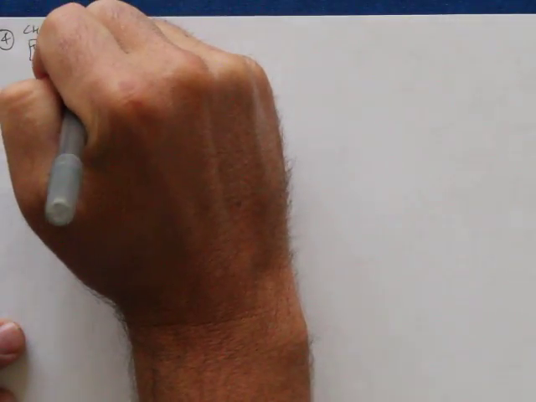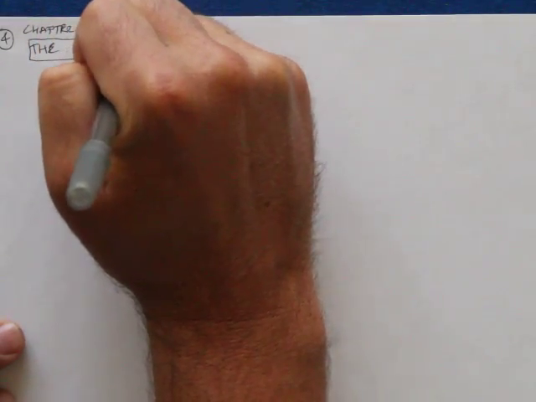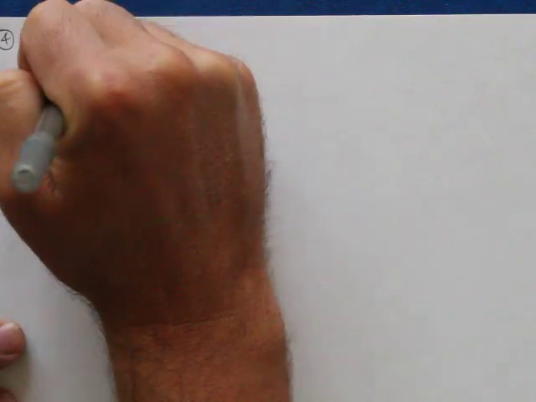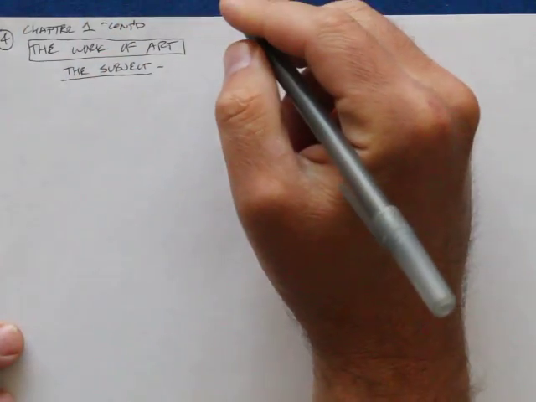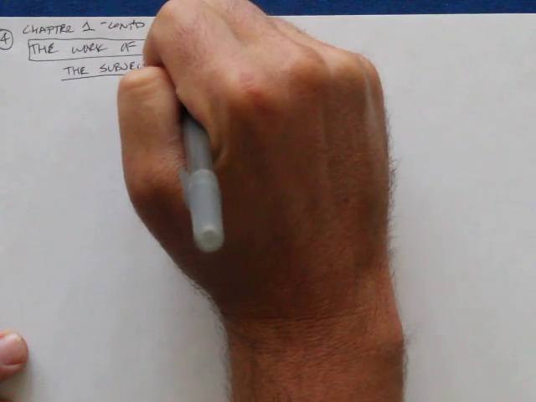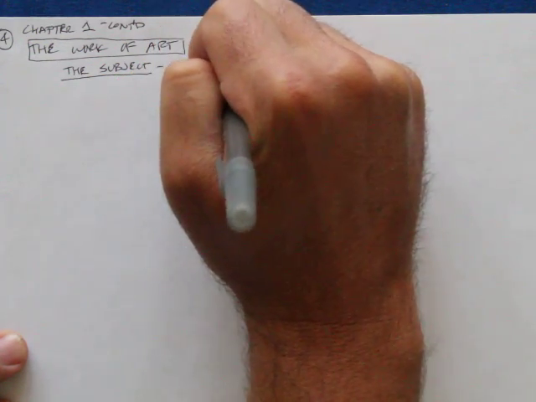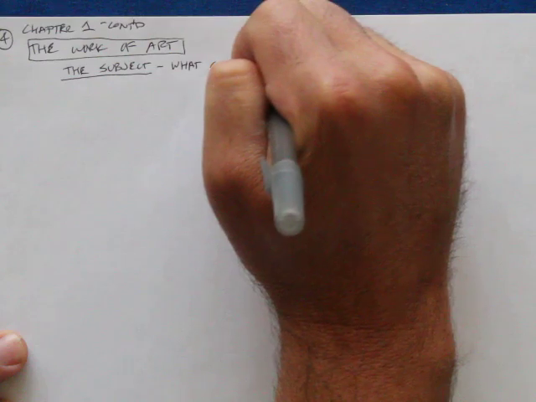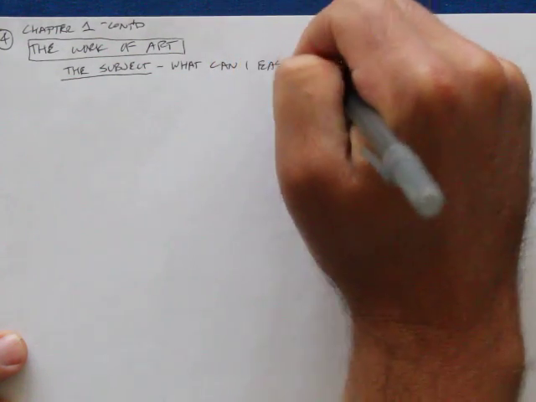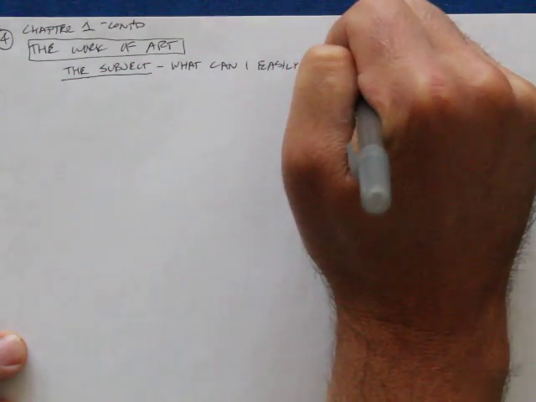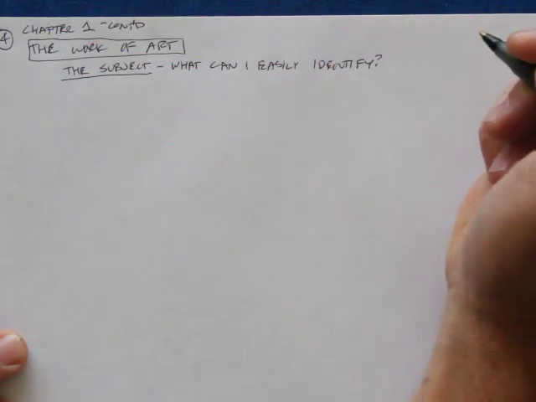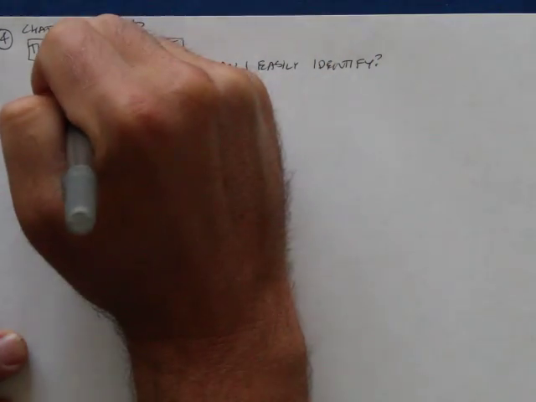And in a work of art, you are going to have the subject. And the subject is, what can I easily identify? And then we have the composition.